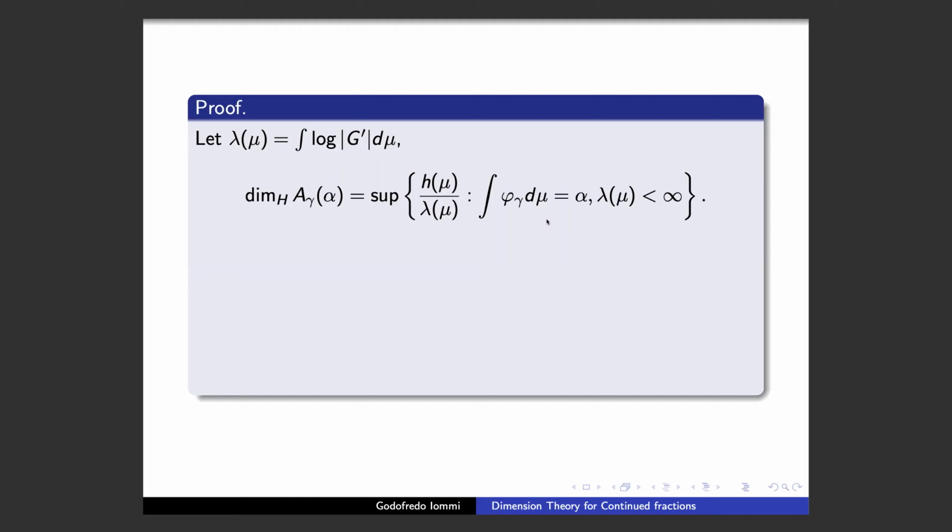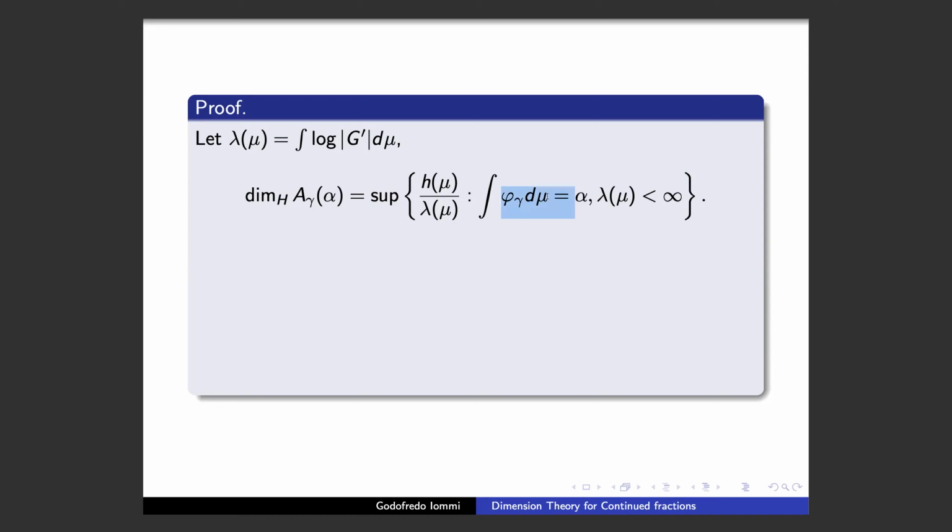So let me first define lambda mu, the Lyapunov exponent of the measure mu. The first thing we did is to show a variational formula similar to what I presented in the case of the Besicovitch example. So the Hausdorff dimension here is again the supremum of the Hausdorff dimension of the measures mu for which the integral of phi gamma d mu is equal to alpha.